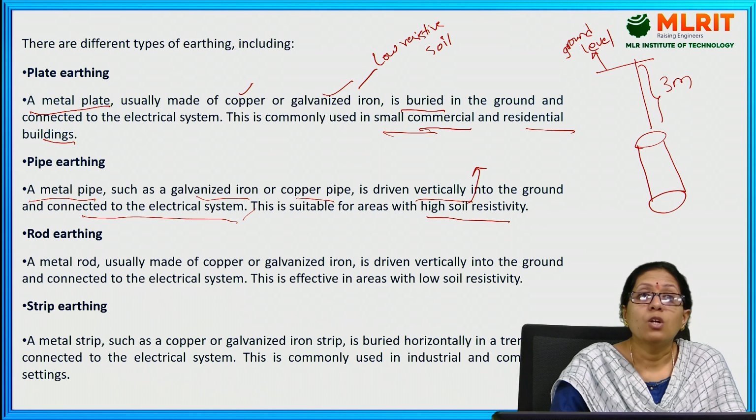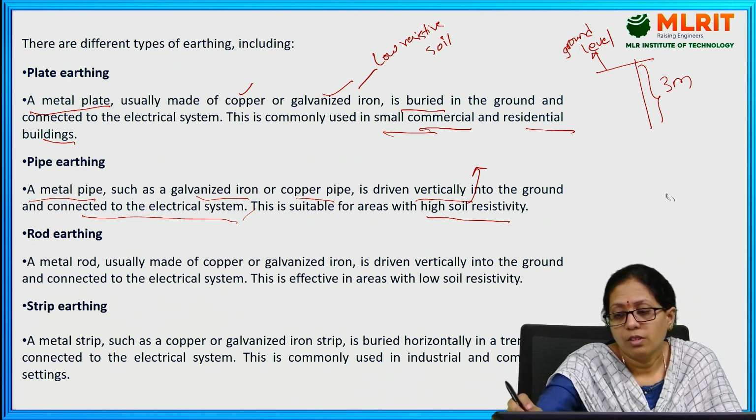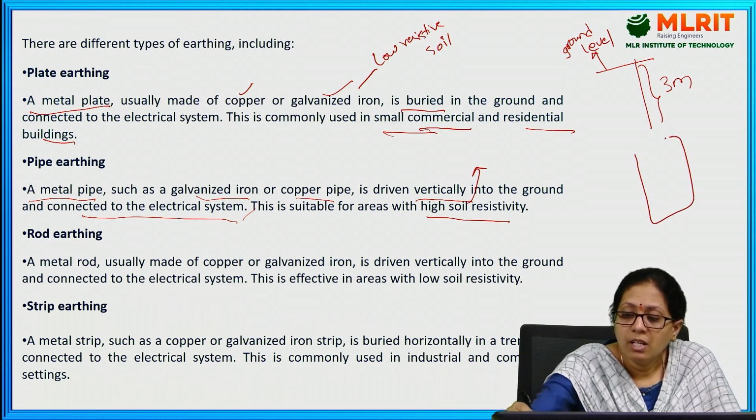Next one is rod earthing. That means instead of this pipe, we will be placing a rod.